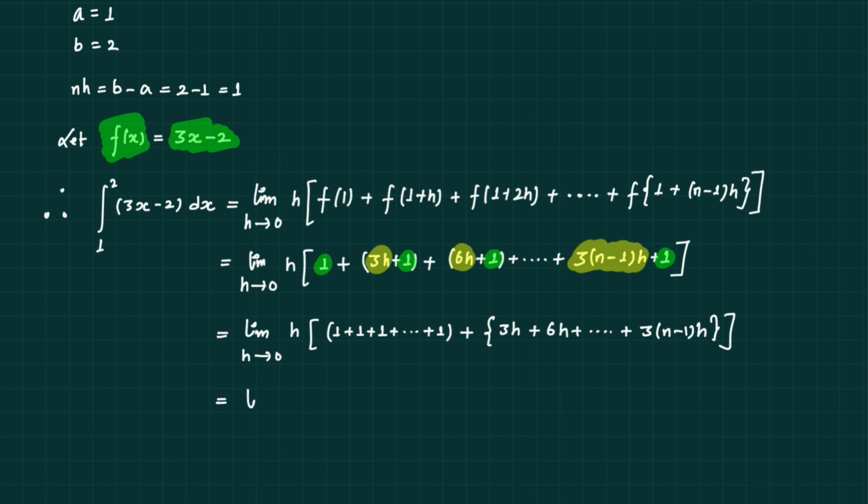So it equals limit h tends to 0 of h times, since 1 is getting added n number of times, the value will be n into 1, that is n, plus, and from here let us take out 3h common from each and every term, then we will have 3h outside, and inside we will have 1 plus 2 plus 3 plus up to n minus 1.